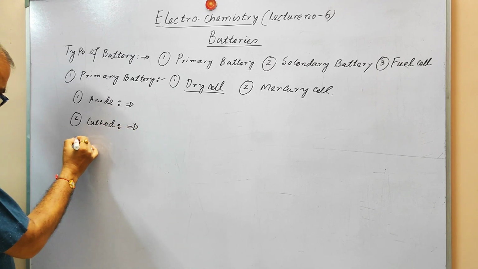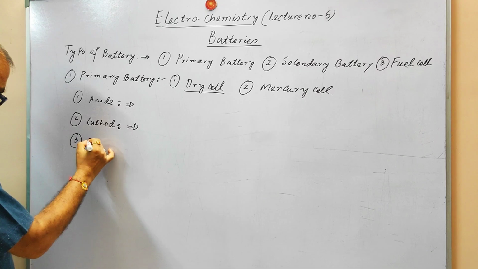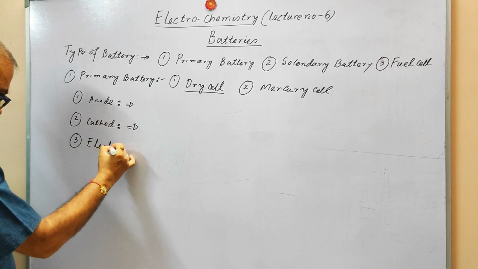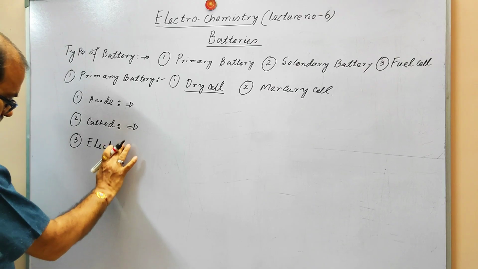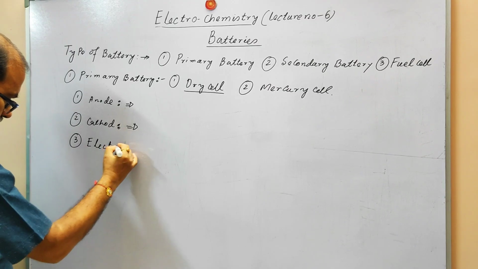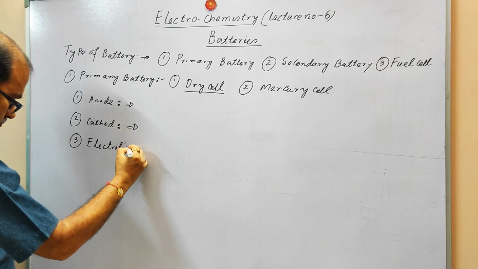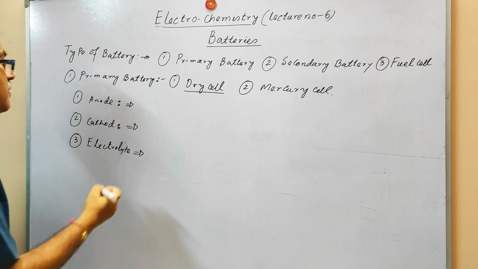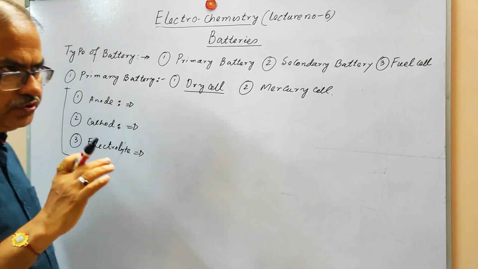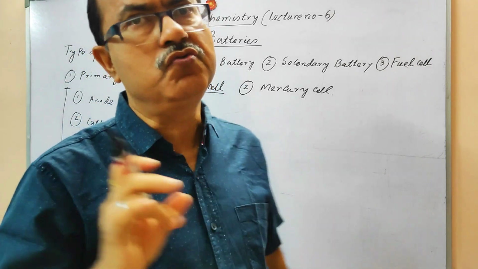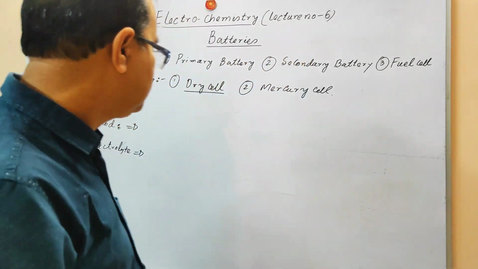The third is the electrolyte. These are the three principal constituents of a battery. With these constituents, the battery is formed.